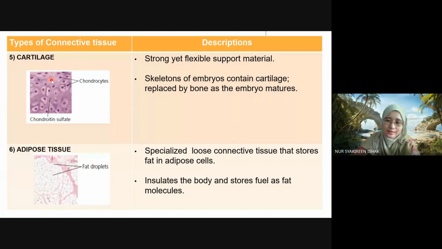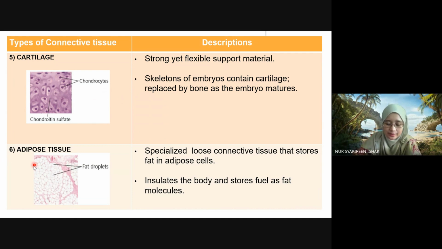So cartilage is like the bone that will become bone. For example, in the growth of a baby, the embryo before it becomes a baby, before becoming the bones in the fetus, it is initially cartilage.